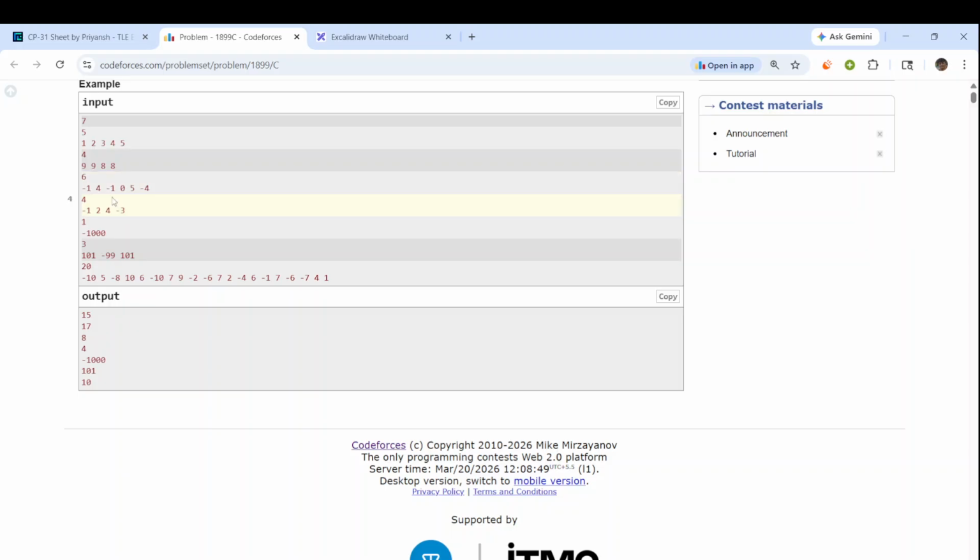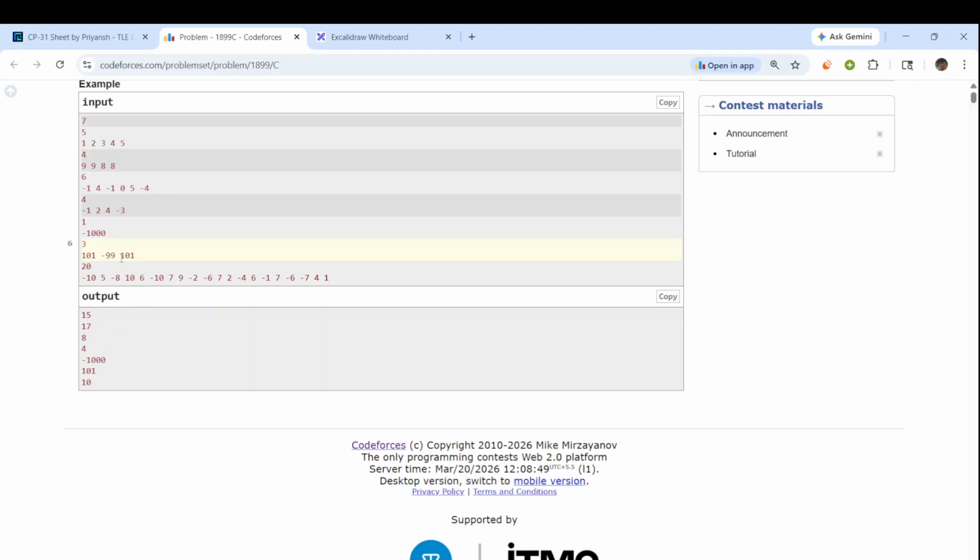If there are multiple negative values, I'll just take the sum of all their absolute values, and I'll check the sum is less than the minimum of both sides, the minimum of this element or this element. Yes, so the sum should be... so now how to solve it?